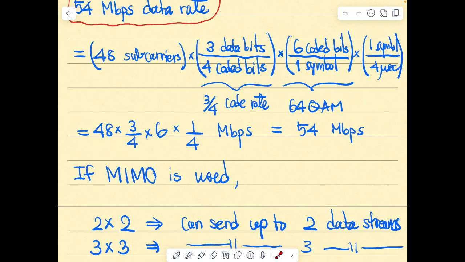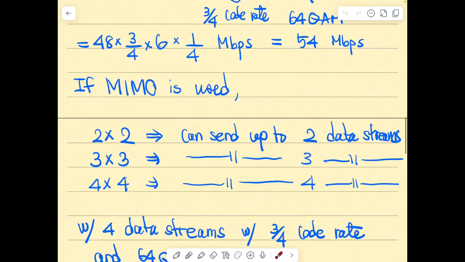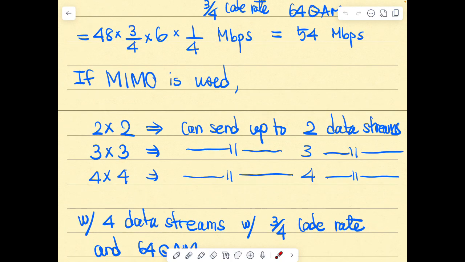Now, in later Wi-Fi standards, the multiple-input multiple-output (MIMO) technique is used. Remember, this is where you have multiple transmit antennas and multiple receive antennas. Our devices nowadays have multiple antennas, and the router or Wi-Fi access point can be equipped with more than one antenna.